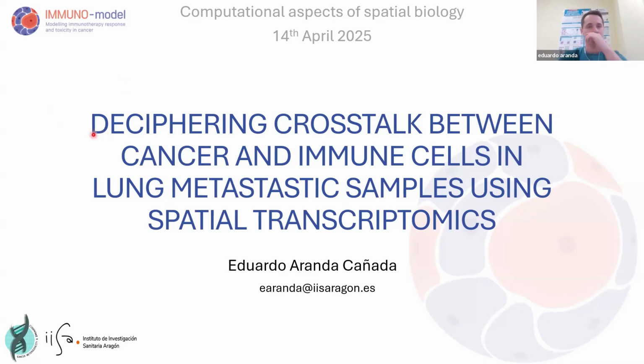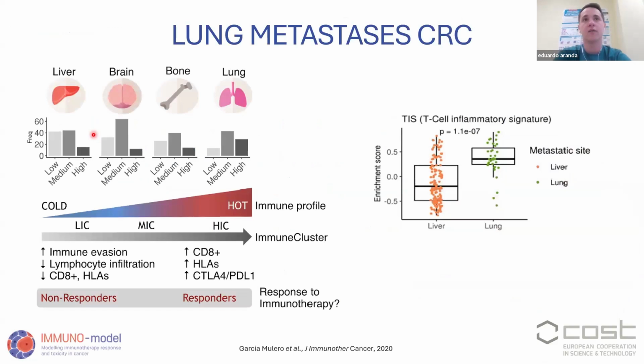We are analyzing lung metastasis in colorectal cancer, and maybe you ask why lung metastasis, since colorectal cancer typically metastasizes to the liver. Previous studies from our group suggested that lung metastases are more immunogenic than liver metastases, and we also observe here on the left in this picture that lung metastases have a higher immune profile than other metastatic sites such as the brain and the bone.